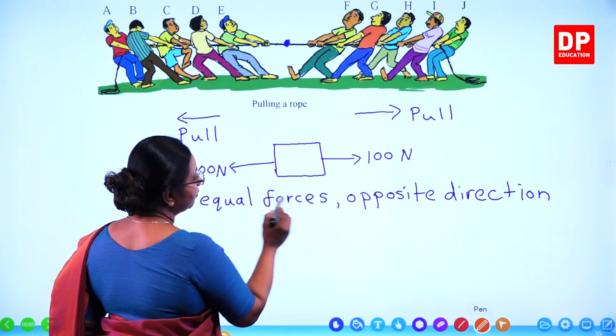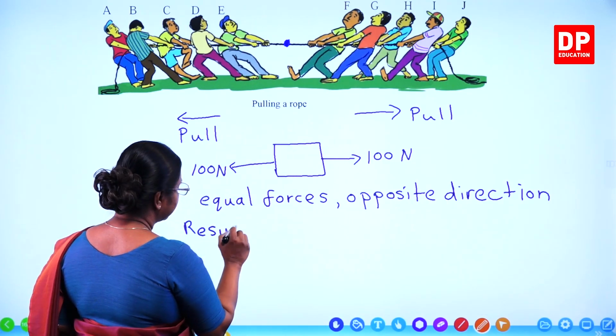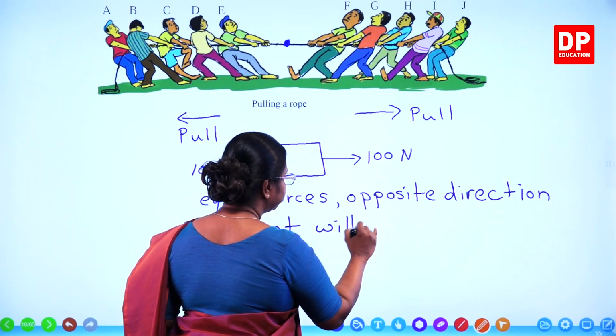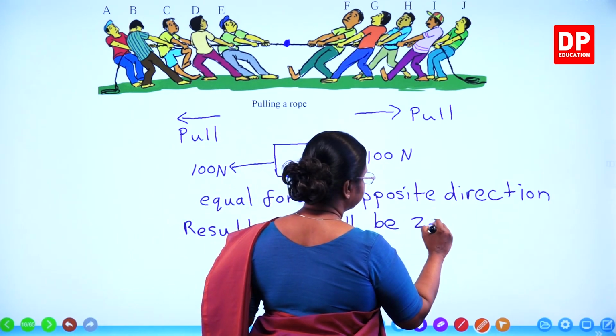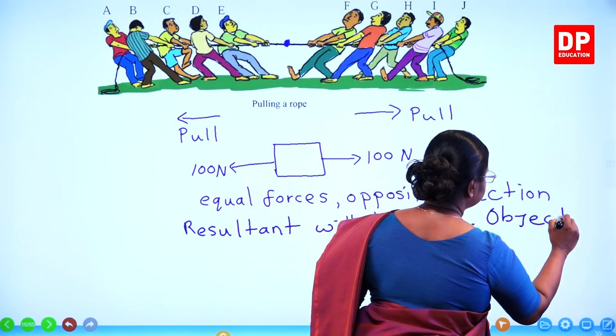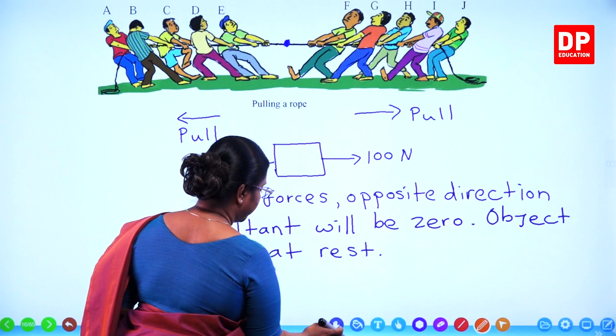So, here equal forces, opposite direction, resultant will be 0, object will be at rest.